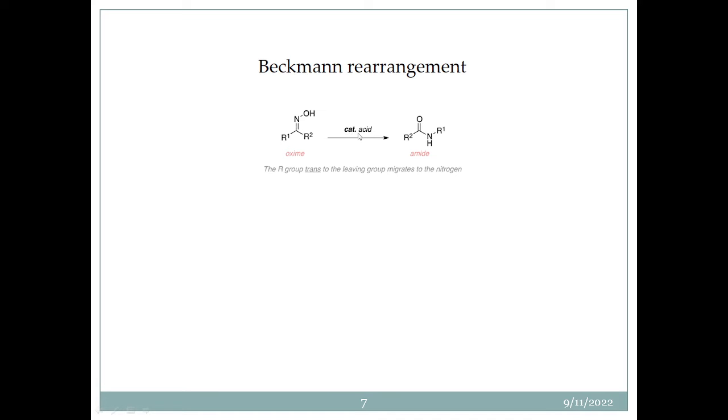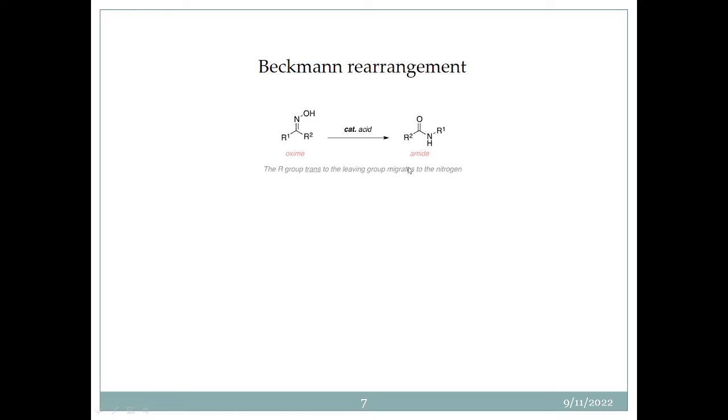If you give a catalytic amount of acid, you get the amide, R2CONHR1. Some basic information: the group trans to the OH, or anti to the OH leaving group, migrates. So R1 has migrated to N. That's why you can see that NH is with R1 and R2 is with the carbon.